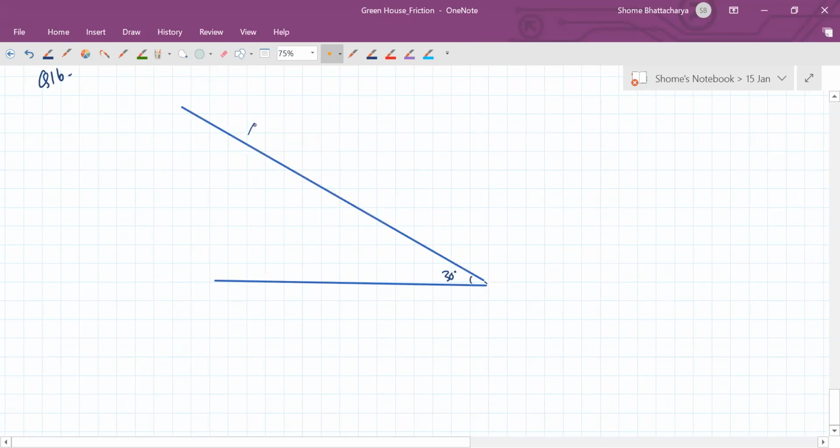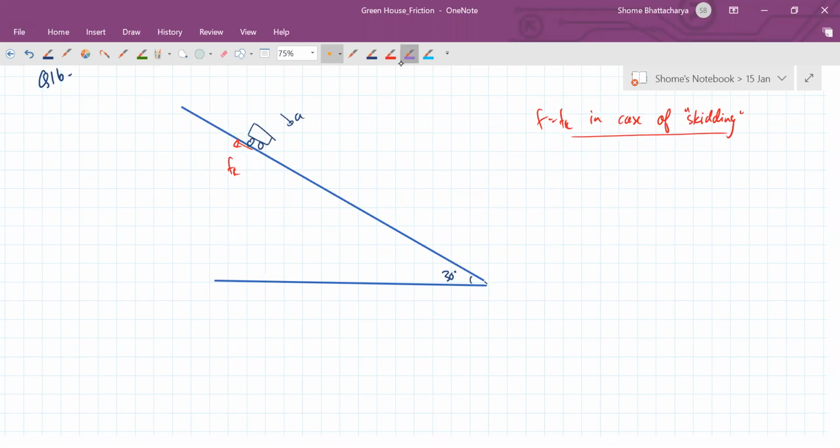So assuming that the tires are skidding, even in that case, this is accelerating downwards, and that acceleration will be because mg sine theta is going to be more than the kinetic friction.